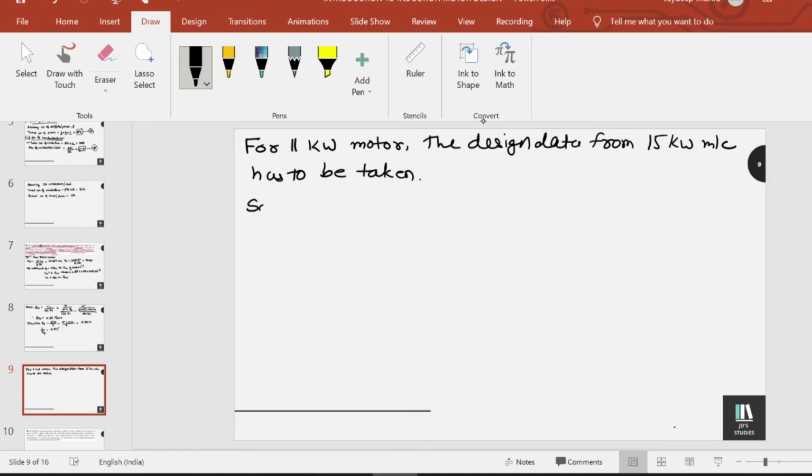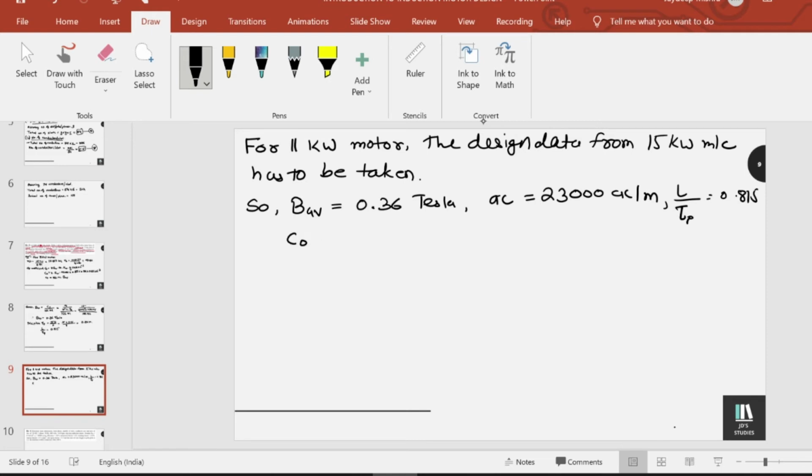So we have the Bav value of 0.36 Tesla from the 15 kilowatt machine. Then we have the electric loading value of 23,000 ampere conductors per meter. We have the ratio of length per pole pitch as 0.815 and the output coefficient value is 60.